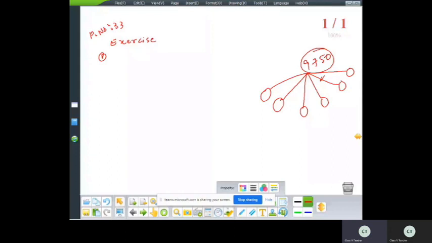It means 9,750 rupees divided by 6. Why, in the question, does she have to pay over 6 months? Because she has to pay some amount every month. What is that amount? It means 9,750 rupees is divided into equal parts. How many equal parts? 6.